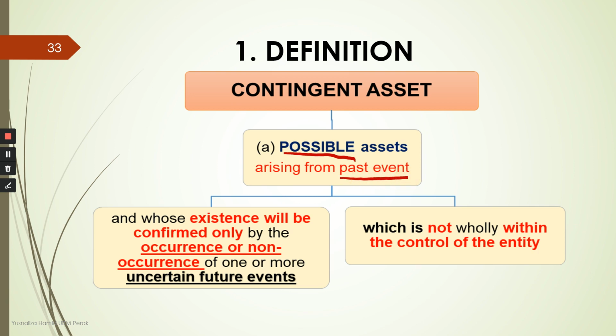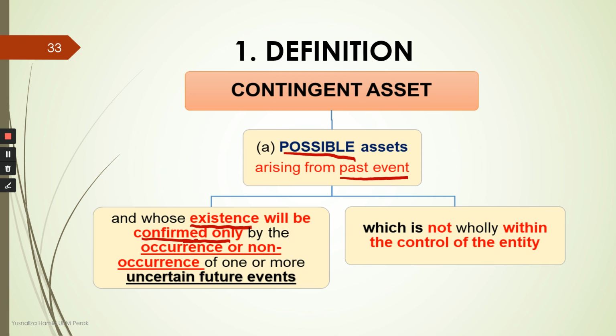So instead of having outflow of economic benefits, like in the case of provision, if it's probable, or in the case of contingent liabilities, where we talk about outflow that is not probable, now we are talking about inflow, in the case of a possible asset arising from a past event, where the existence of the asset will only be confirmed by the occurrence or non-occurrence of one or more uncertain future events.